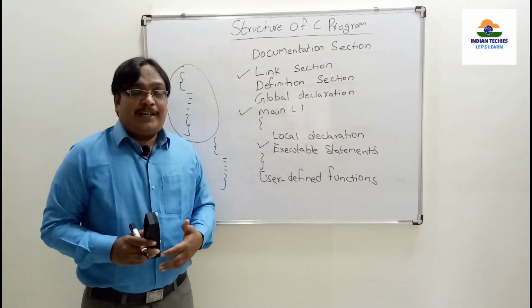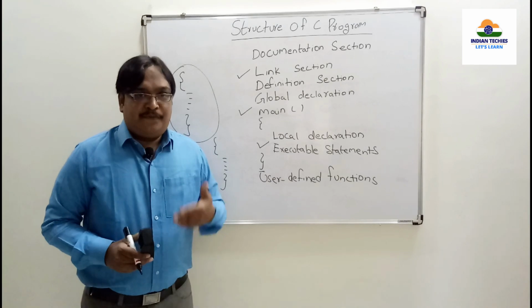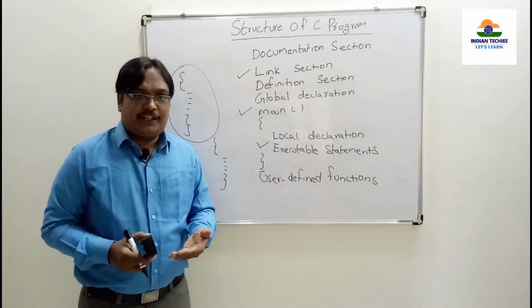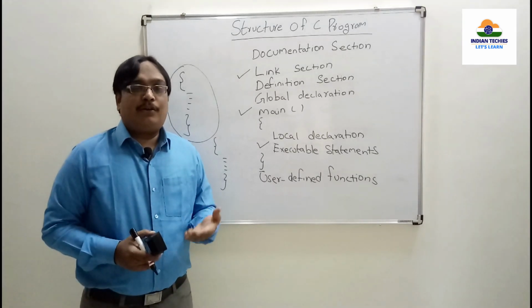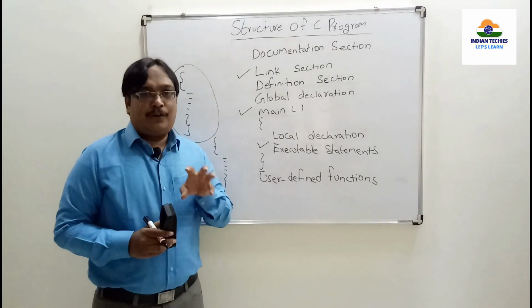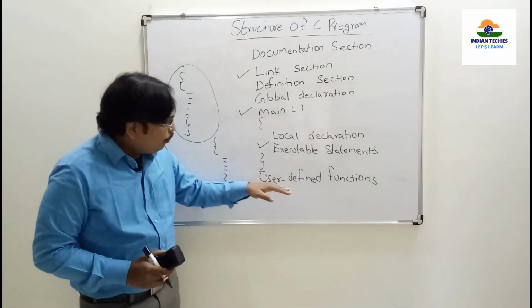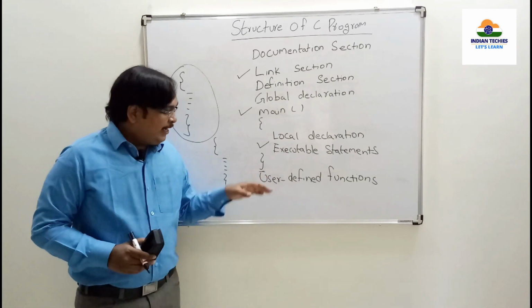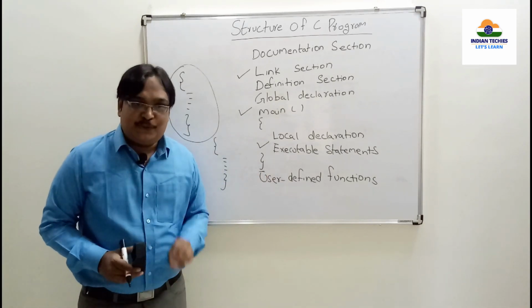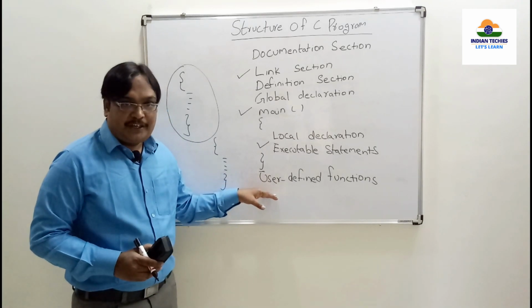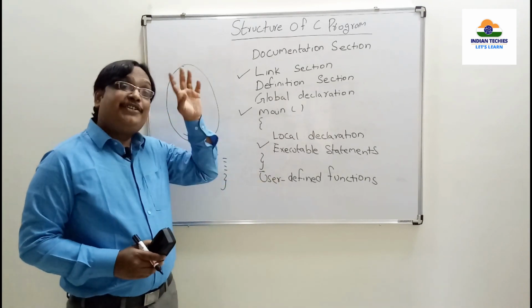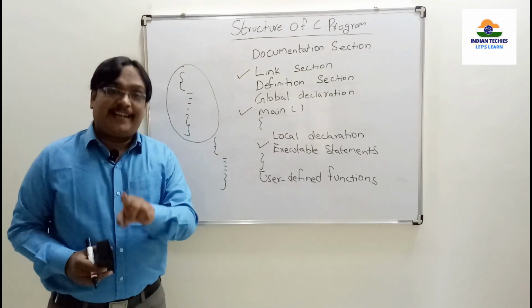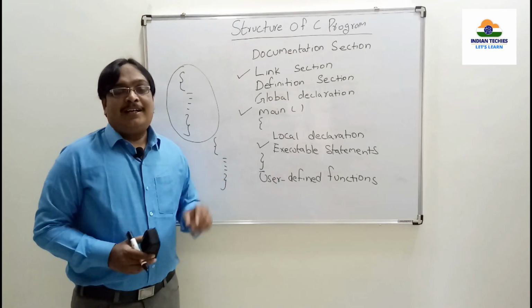But if you want to create your own function with your own name, with your own explanation, with your own logic, with your own calculation, with your own specialized output, with your own functionality, then you go for a user defined function. The word itself you can understand. A function which is created by the user is called a user defined function. A function which is not mentioned by Dennis Ritchie, which is not in the C library, and which you create is called a user defined function.